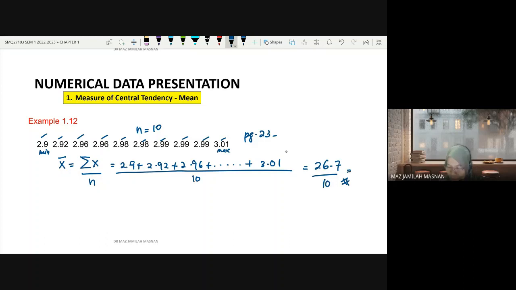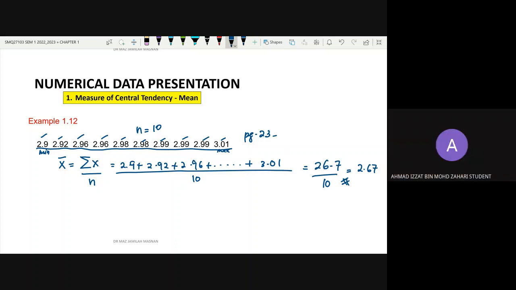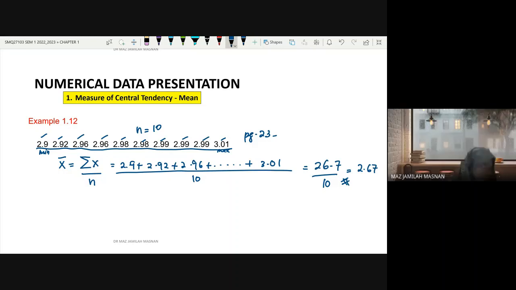So it will be 2.67. If I were to draw the line for this particular data, is this correct? Can someone calculate? Correct, madam. 2.67 is in fact much lower than the minimum value.